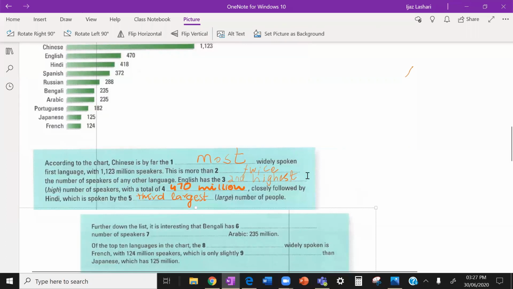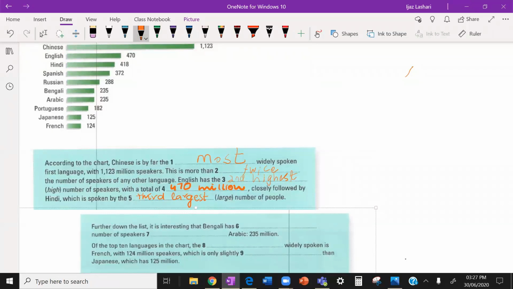Yeah, that's true. But can you make some kind of comparison that Bengali has the same number of speakers as Arabic? Thank you, Anis. That's right.